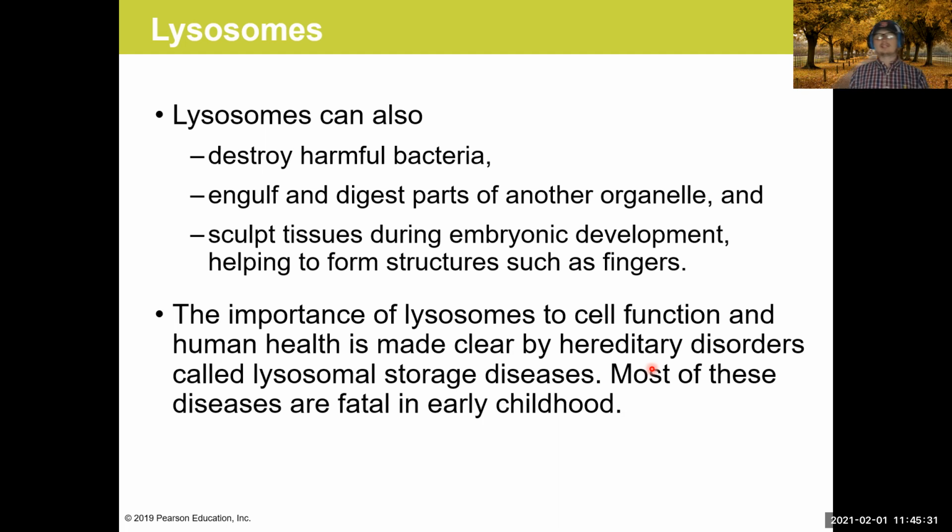And lysosomes are super important because there are also diseases that happen in early development where, if in early childhood they don't have the correct amount of lysosomes, this is something called lysosome storage disease, that could be fatal because the body just can't break down those harmful components or the other organelles and molecules that it needs to.